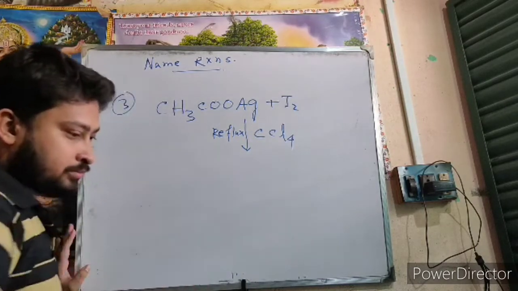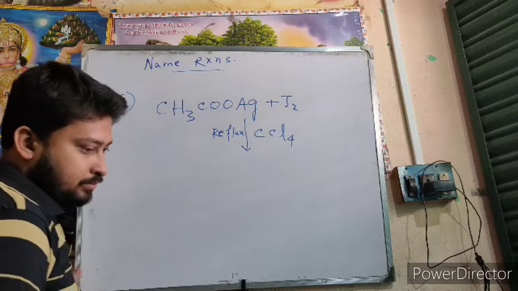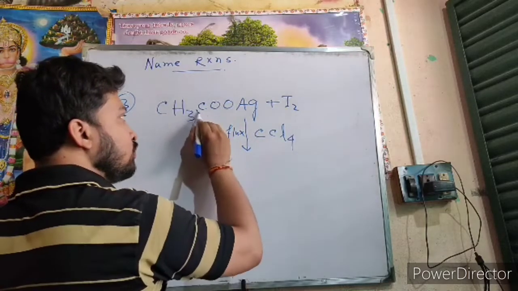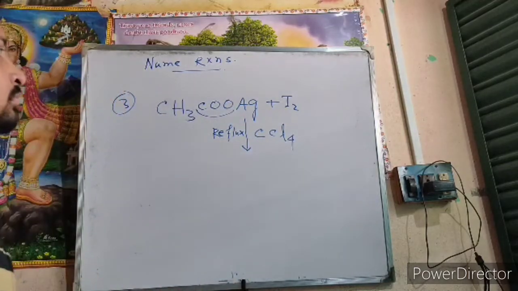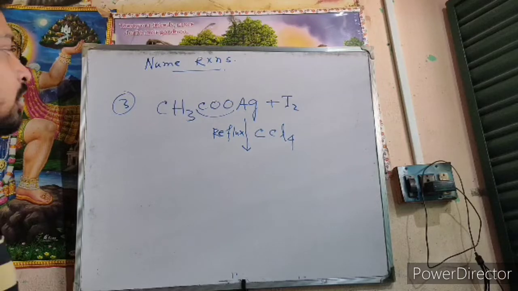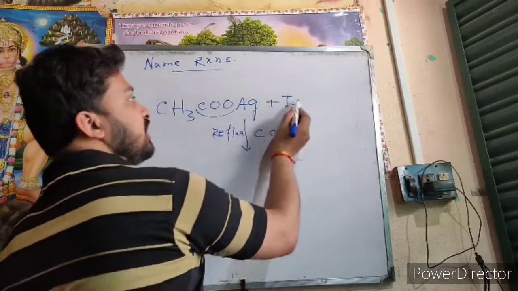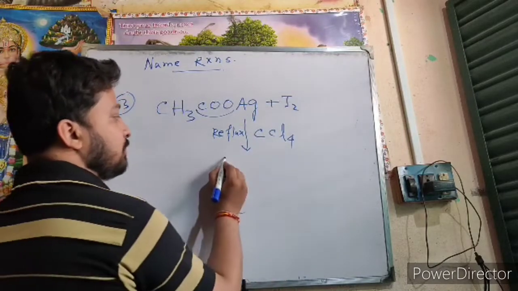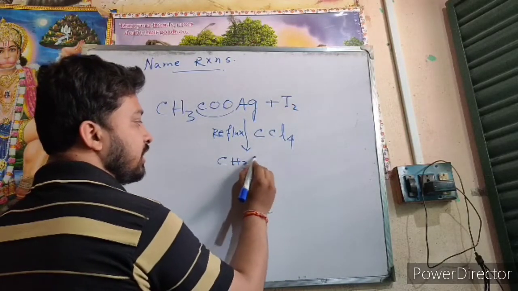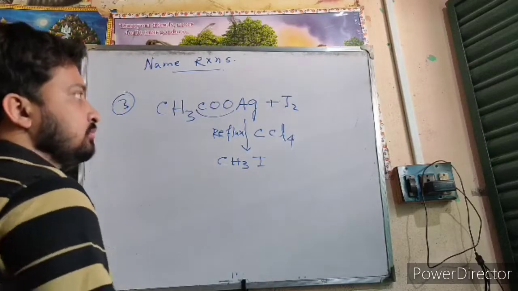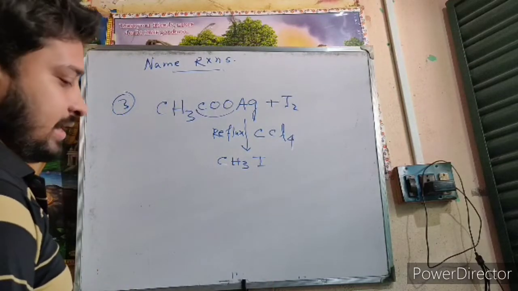What will be the product? CO2 is removed from here, because entropy helps to remove this CO2. Then AgI is removed from here, so the product is CH3I. This is the Hunsdiecker reaction.